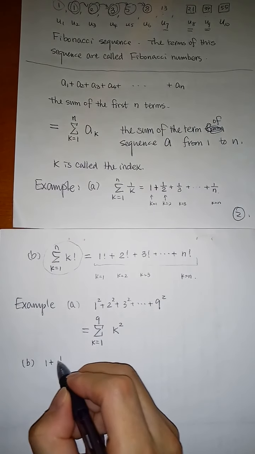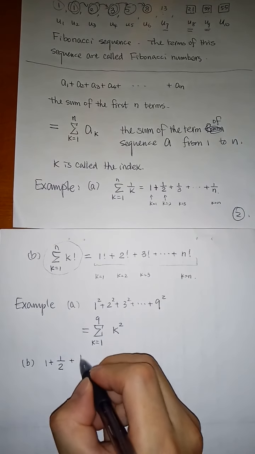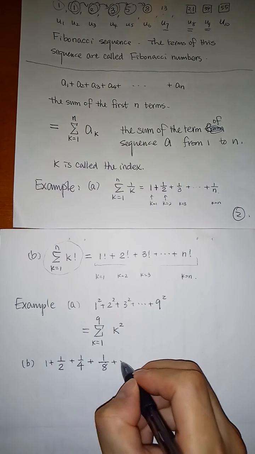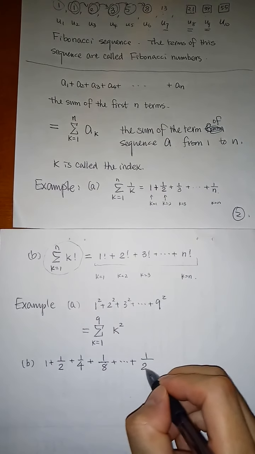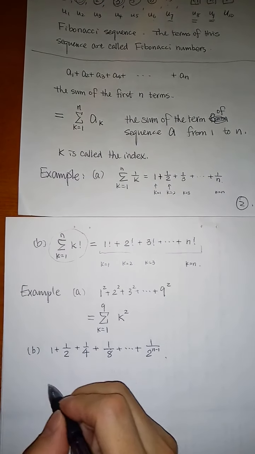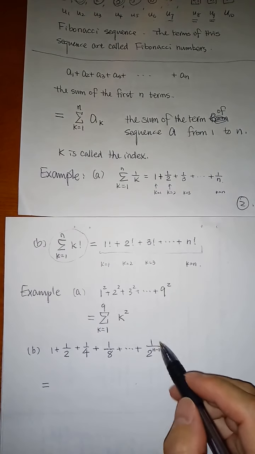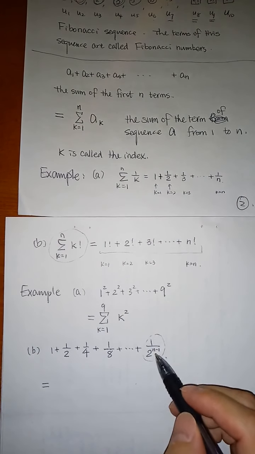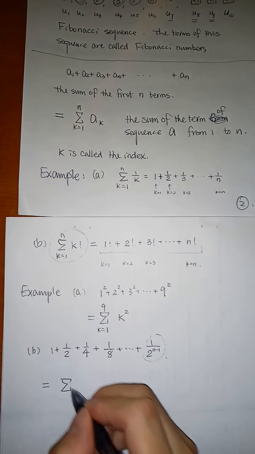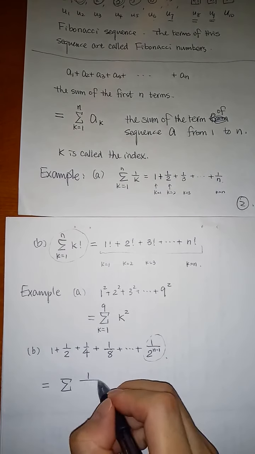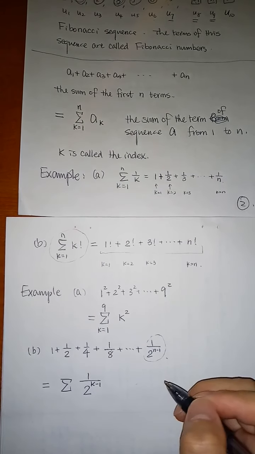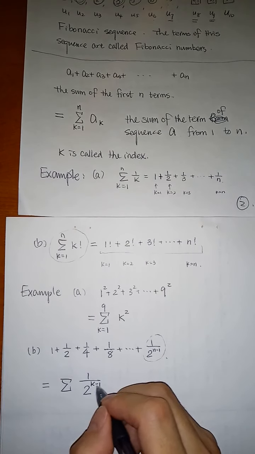Okay, now let's continue this. So you see here, this is a general term. Usually when you see the general term, how do you write a sigma notation? The general term, instead of write n, you will put k here. So 1 over 2 to k minus 1.